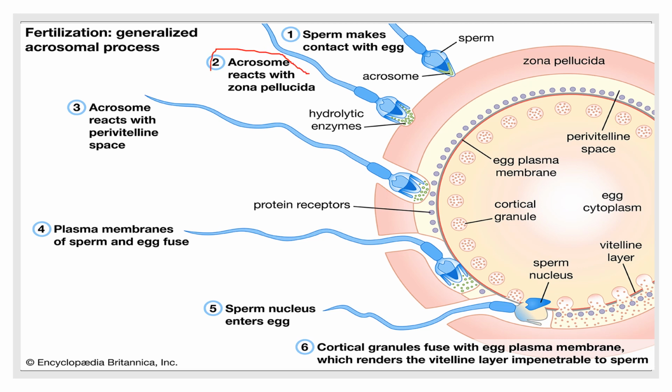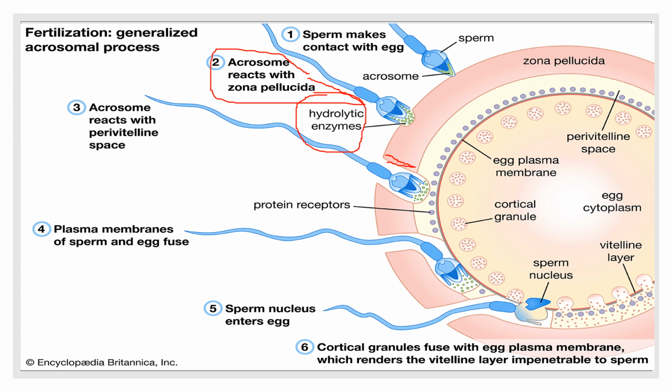Step number 2: when the sperm comes in contact with the zona pellucida, there will be the acrosomal reaction. There will be release of acrosomal content, which contains many hydrolytic enzymes that help the sperm penetrate this gel coat of the zona pellucida.